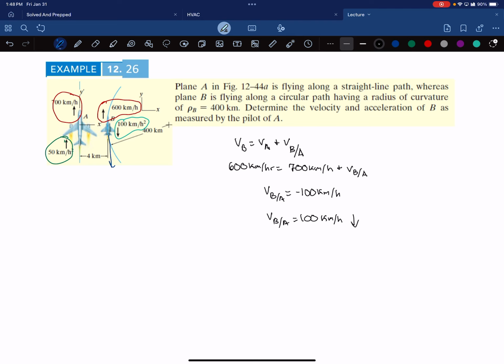We are also given the radius of curvature of the plane's path right here.